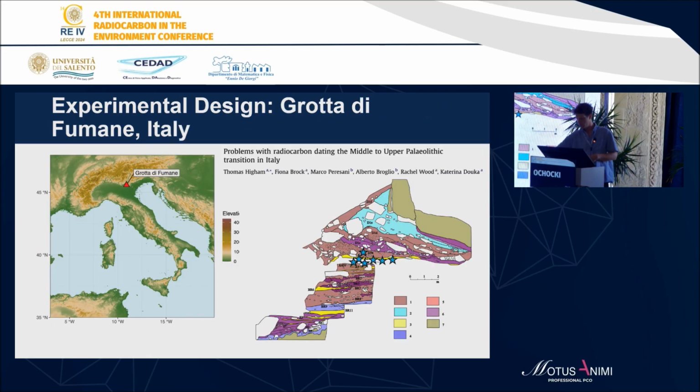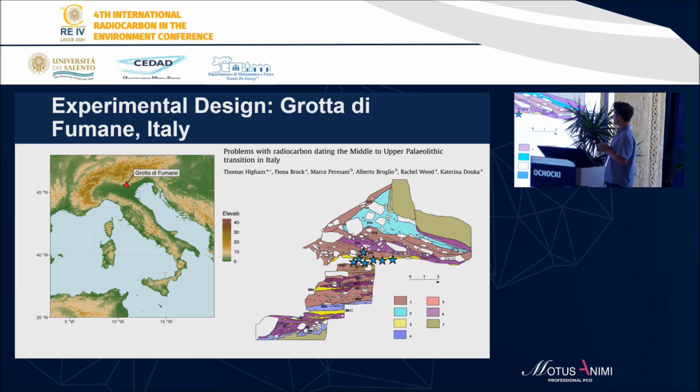So perhaps suggesting that the step combustion stage of ABOX is the important part. The samples were selected from the radiocarbon archive in Oxford and were previously shown to have these differences between ABA and ABOX dates. They're from a site in the north of Italy called Fumane.